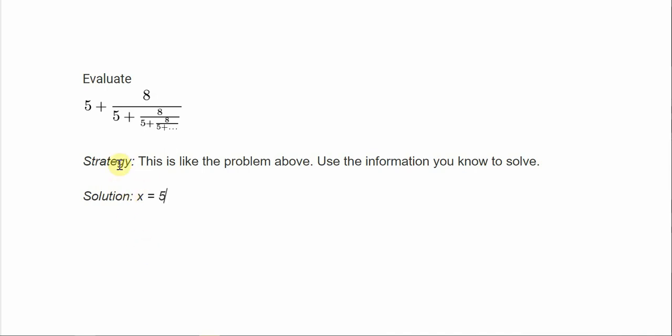You can just do 5 plus 8 divided by x, because these things keep repeating on and on forever. Makes so much sense now. And that will easily simplify too. x is equal to (5x plus 8) divided by x.